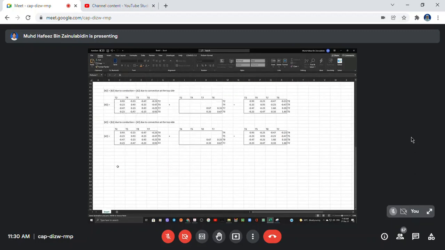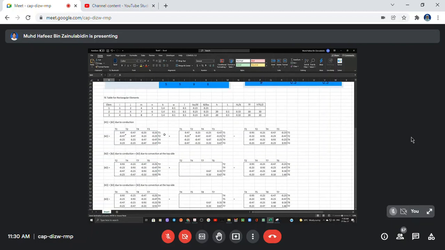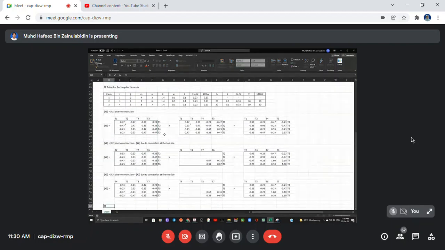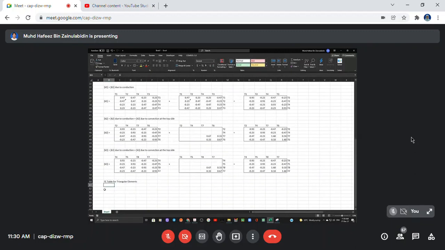Okay, just wait. I think we do this first. I do K first, because F we can do in global later on when we want to add up the K. Next, we do this FE table for triangular element.